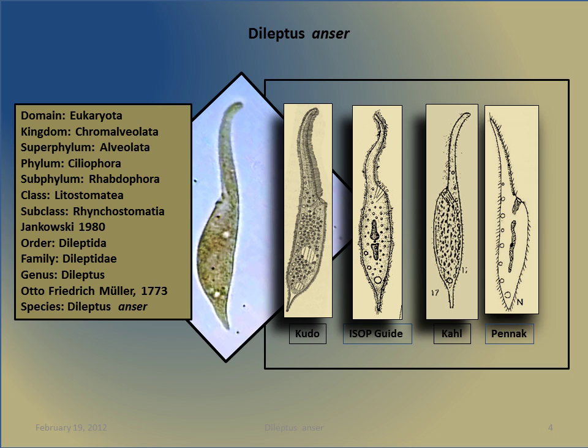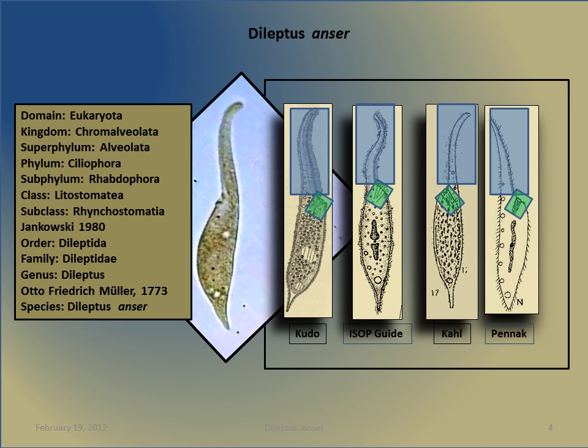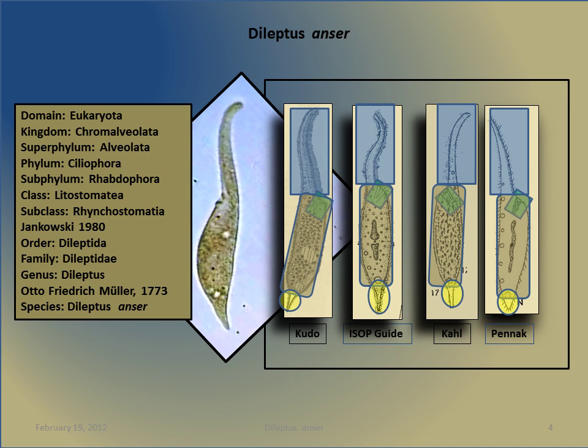The essential features are all the same: a proboscis with a basal cytostome, a body, and a pointed distal end. The thickness of the proboscis is not uniform, although the rough proportions of proboscis length and body length are remarkably close. The represented nuclear structures are different from one another.